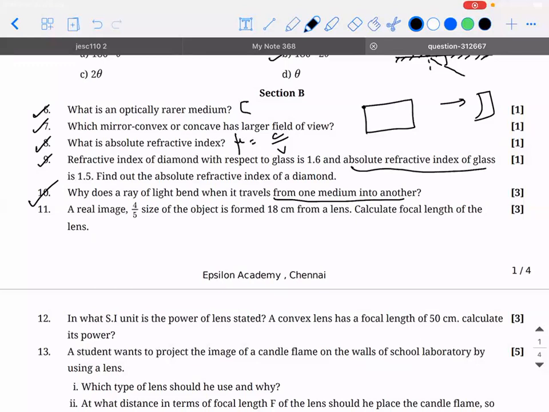So when a light is traveling from one medium to another, the speed of the light changes. Okay. So if the speed of the light is going to change, as a result the phenomenon of refraction is going to come into picture.